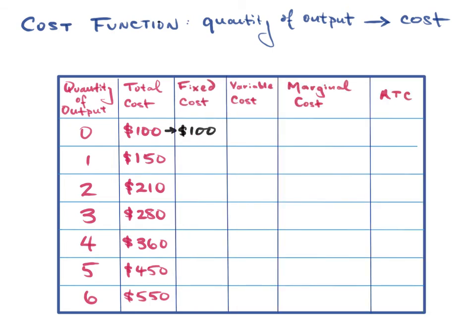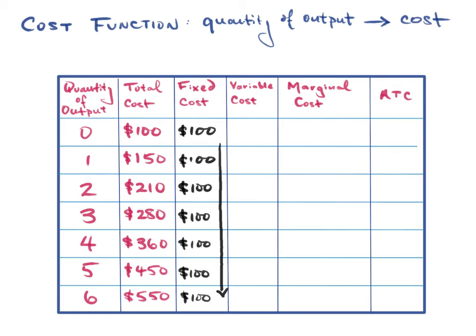Let me expand this table to include the other types of costs. As I said, the cost of producing nothing is $100, so that's a fixed cost. The fixed cost is the same regardless of how much the firm produces, so I can just carry that down the column.